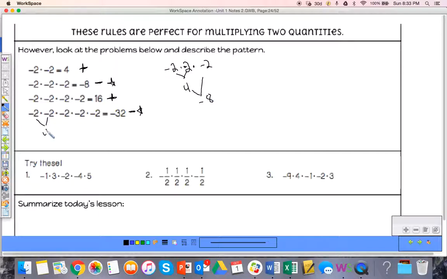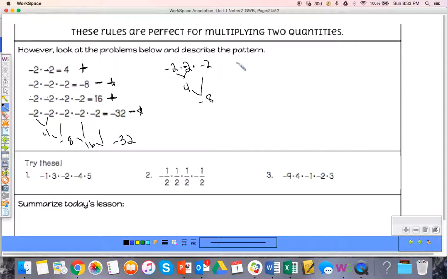We have 4, negative 8, 16, and then we get negative 32. So what we have to think about is if there are an even number of negative signs, so here we have 2 negative signs, here we have 4 negative signs. All of our negative signs, when we have even ones, end up canceling it out.